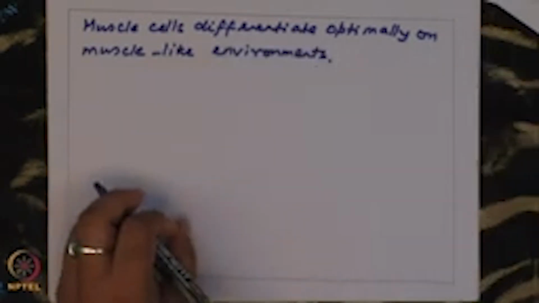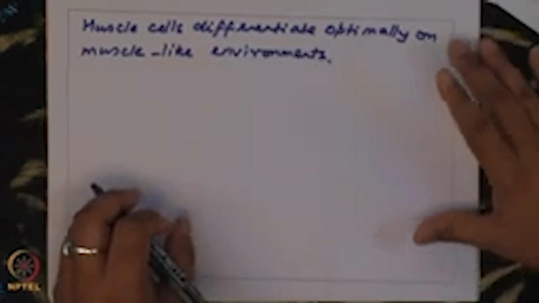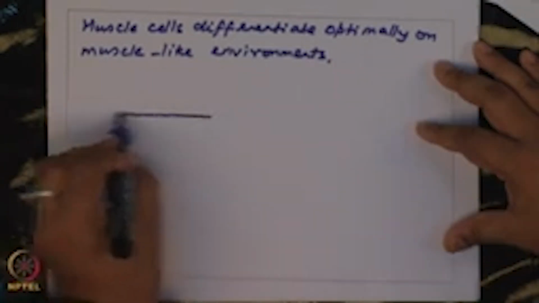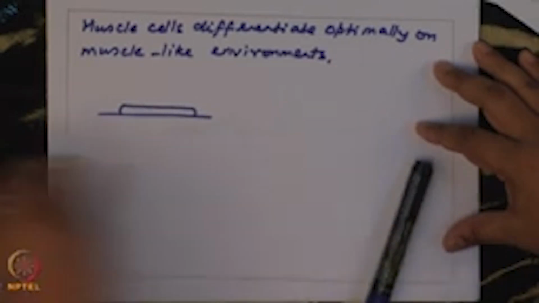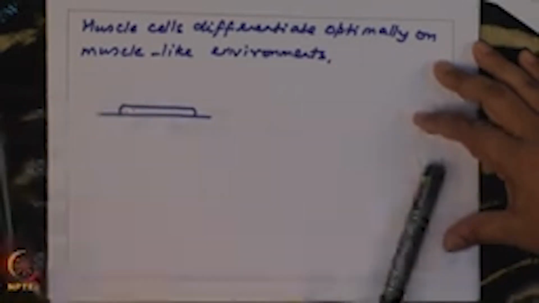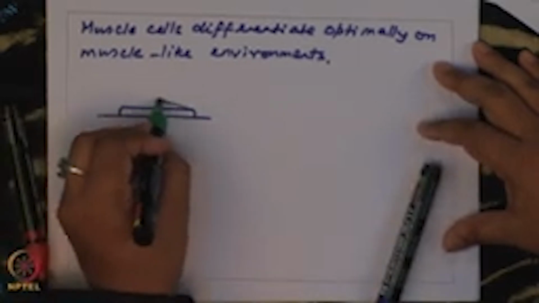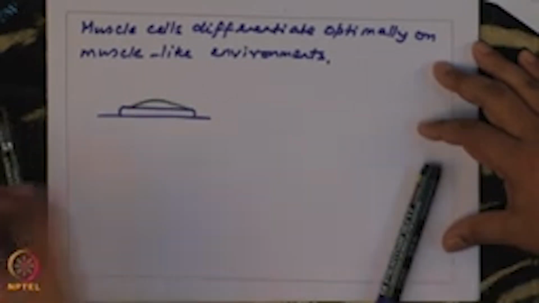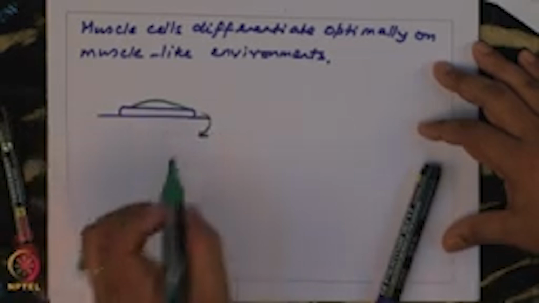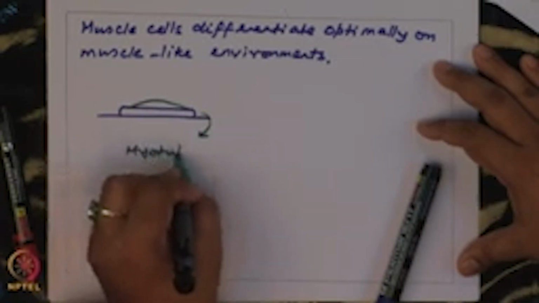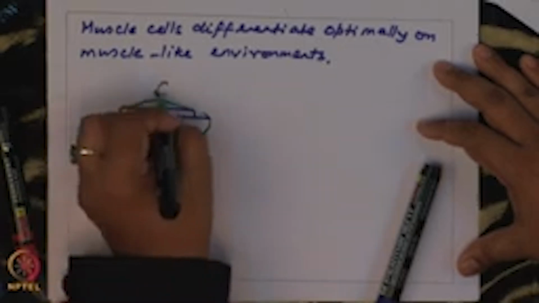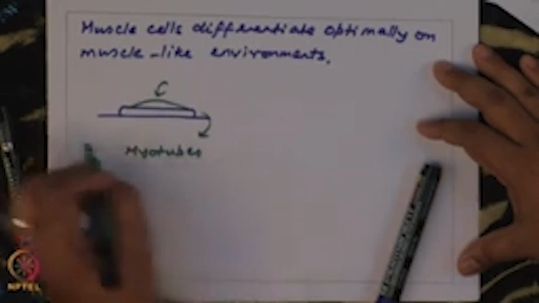Okay. So, they also did one set of experiments in which on these patterns, you have a bottom layer of cells, a bottom layer of myotubes, and on top you put one more cell layer, a top layer. So, the bottom layer is myotubes, this is the first layer, myotube layer 1.